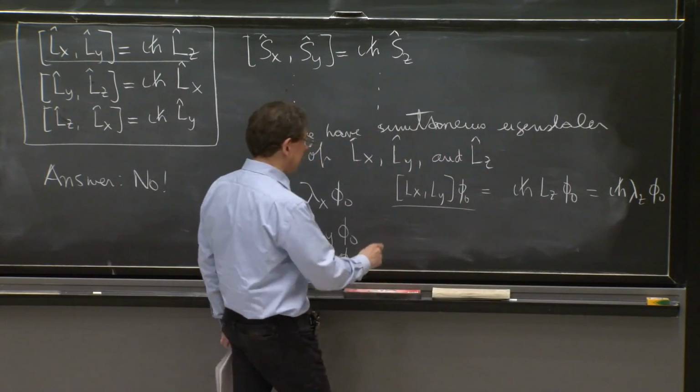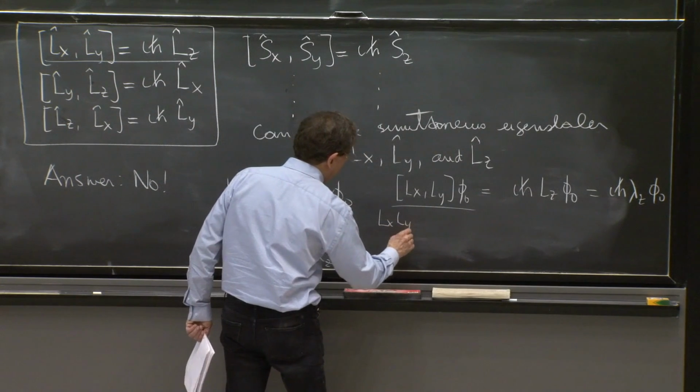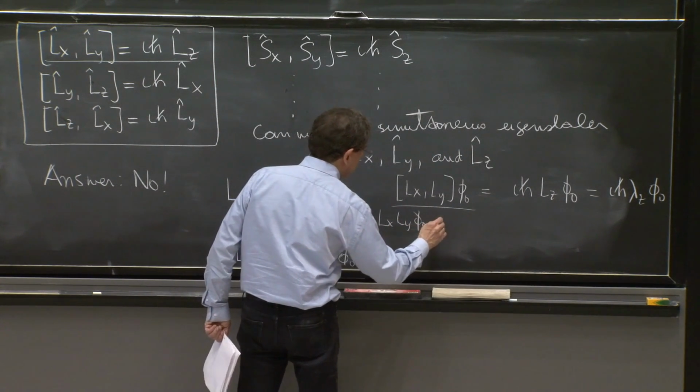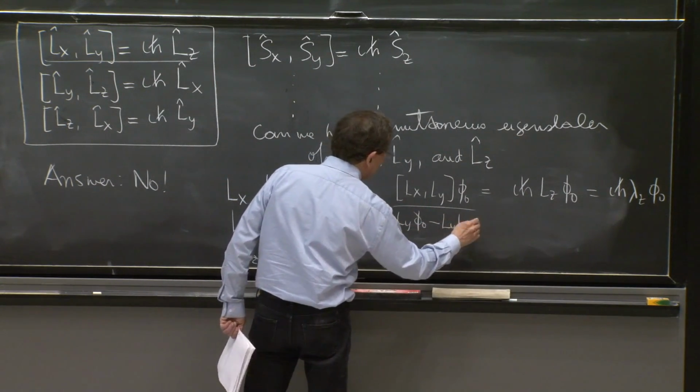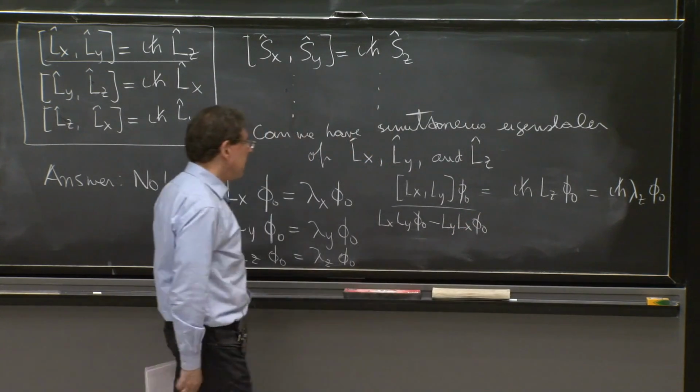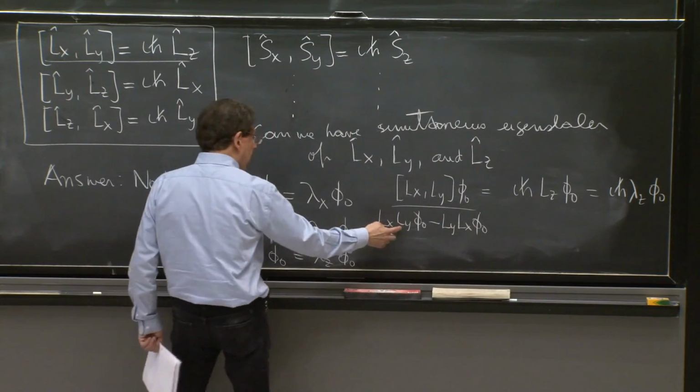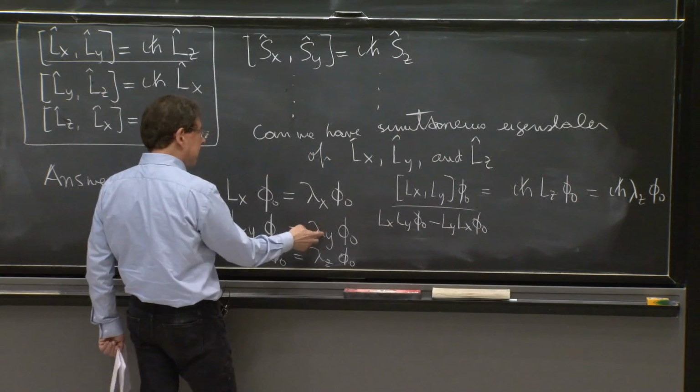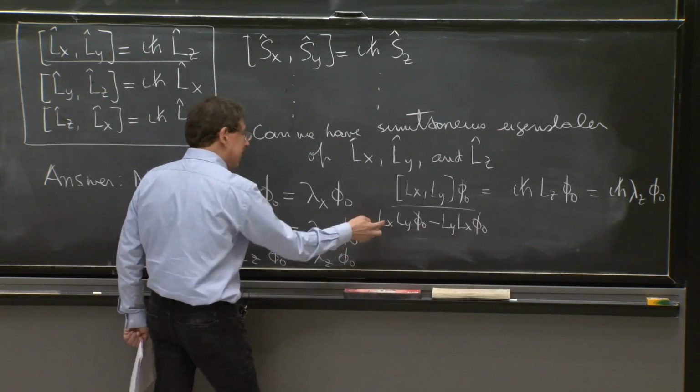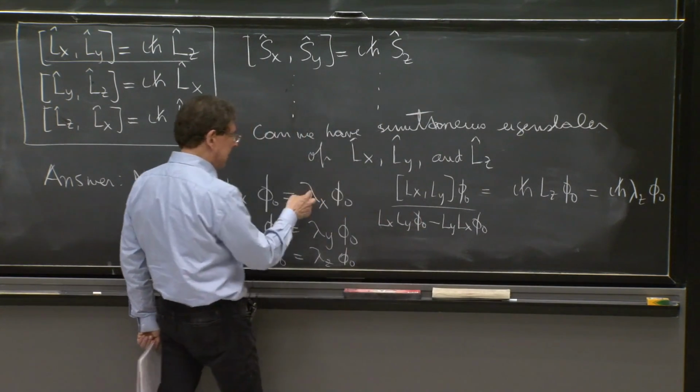The left-hand side is Lx Ly on phi naught minus Ly Lx on phi naught. When Ly acts, it produces a lambda y, but then phi naught. And then when Lx acts, it produces a lambda x.